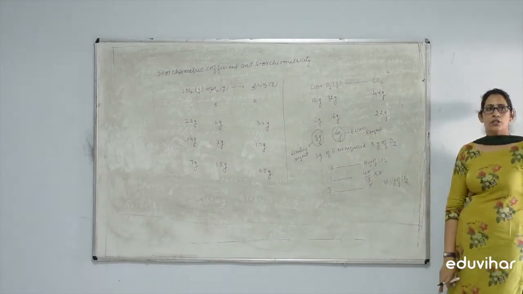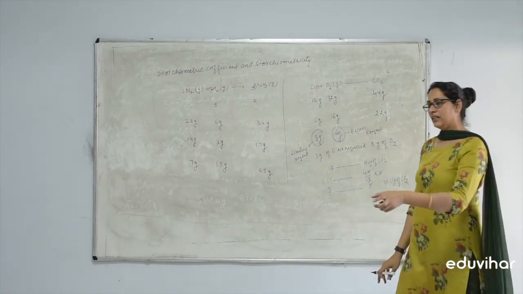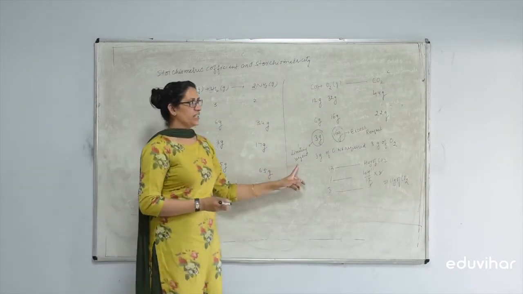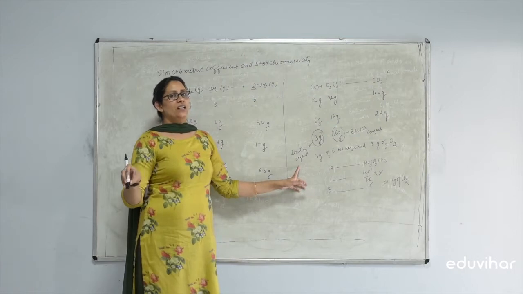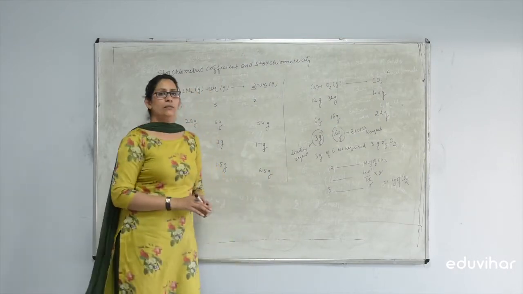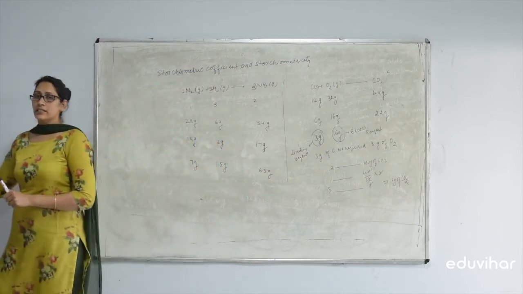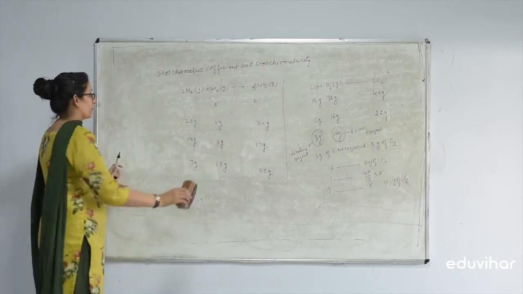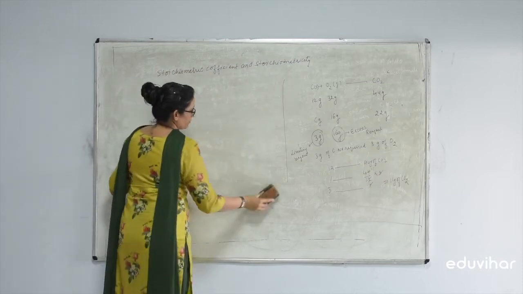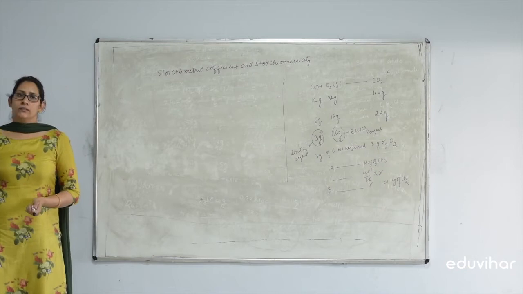It means by the help of stoichiometricity we can calculate the limiting reagent or excess reagent. The limiting reagent is the reagent present in less amount, and the excess reagent is the reagent present in excess amount. We are taking one more example.